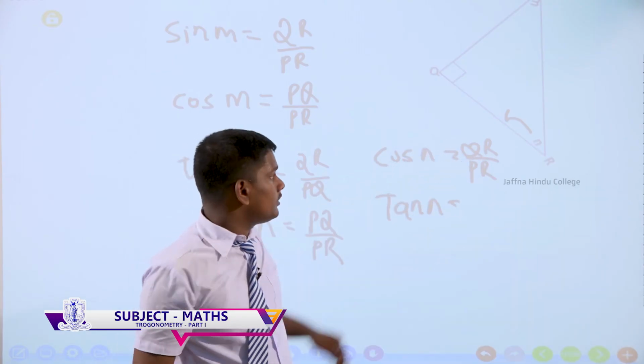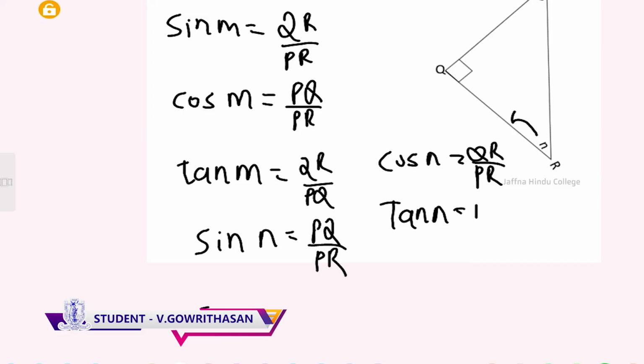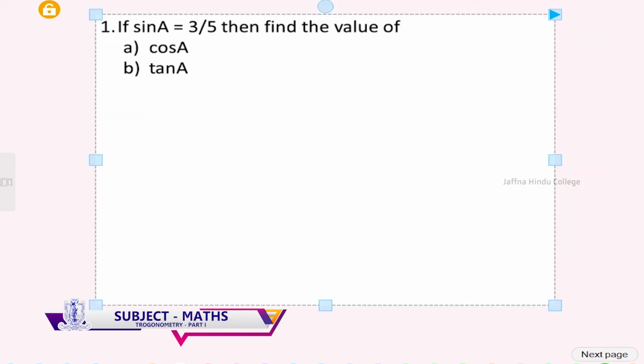Tan N means opposite side by adjacent side: opposite side PQ and the adjacent side QR. With using the knowledge of sine, cos, tan functions, now let us do these questions.